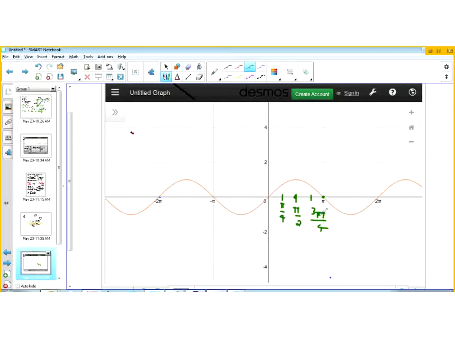And let's see what else. We know that at pi halves, on the original sine function, the output was 1. Now by the process of the horizontal shrink, pi halves occurred at the midpoint between 0 and halfway through the period.